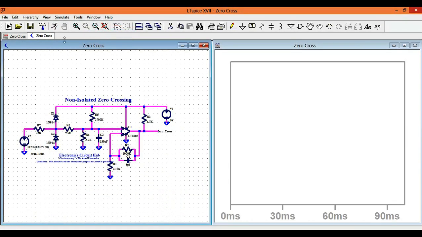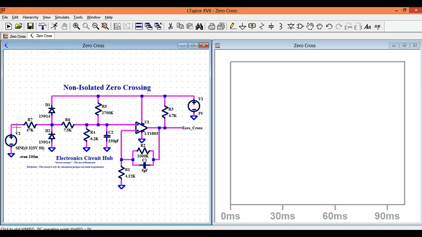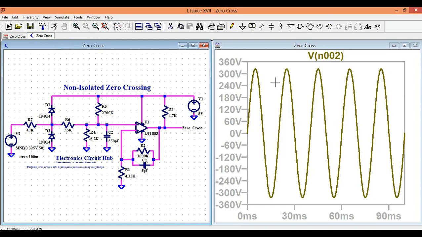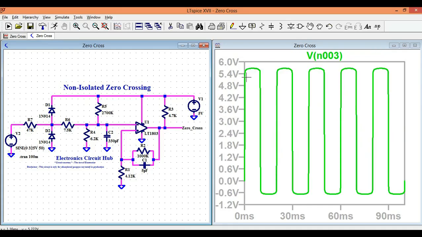View, zoom fit. If you look at the input, this is my input. The peak is 325, and after the 47 ohm, what you see here is very little voltage. The positive amplitude is around 5.6 volt and the negative is 0.6 volt, because of the diodes D1 and D2.